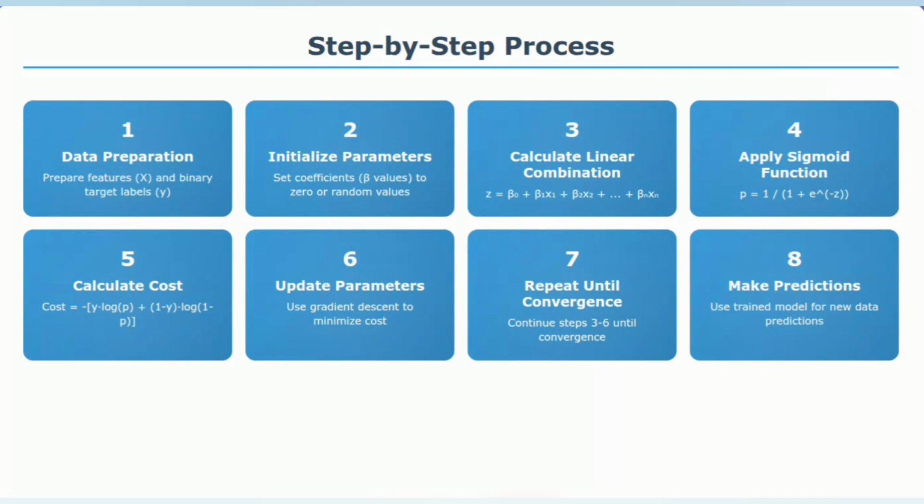We use gradient descent to minimize the cost by updating our parameters iteratively. Step 7. We repeat steps 3 through 6 until convergence or for a specified number of iterations. Step 8. Make predictions. Once trained, we can use our model to predict probabilities for new data points.